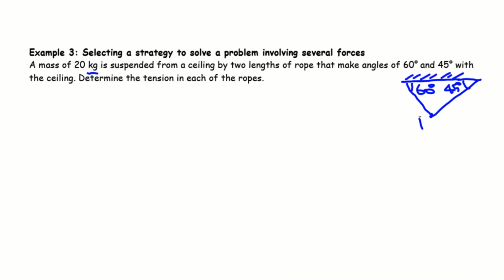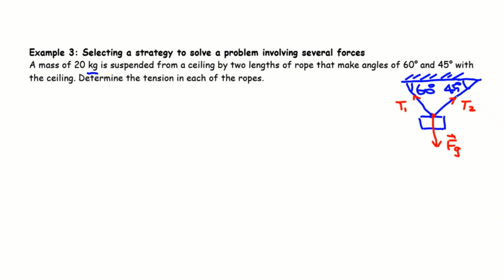So here is an object, and for the free body diagram, this is our tension 1, and this is our tension 2, and here will be our gravitational force, the weight.